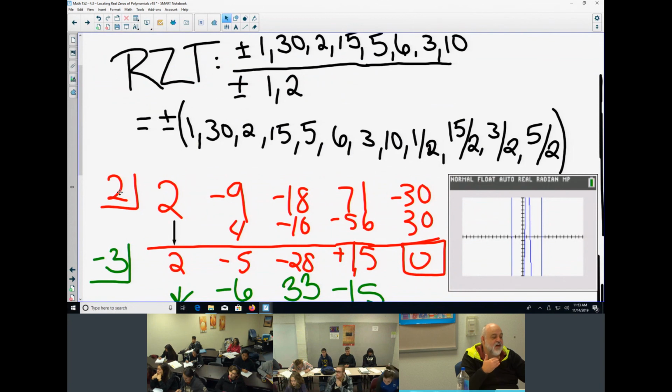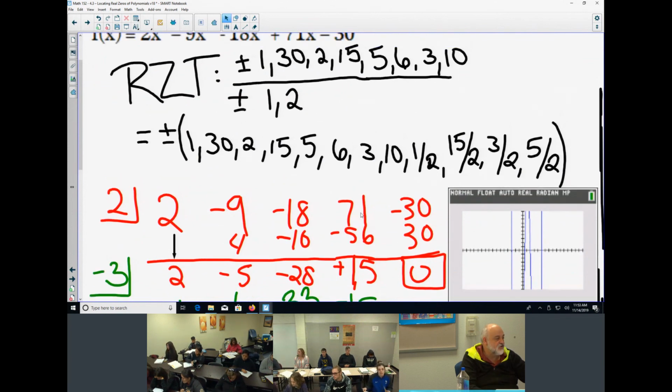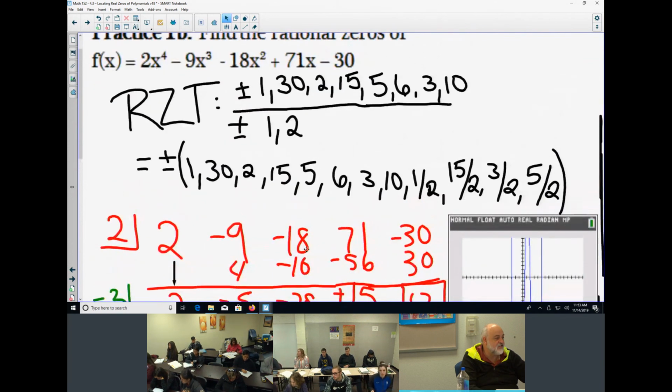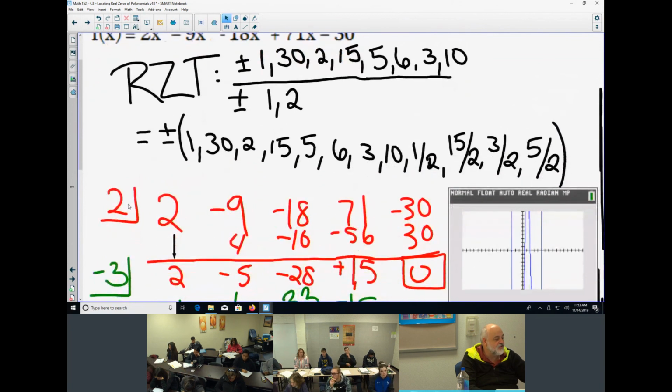And if it's a factor, if it's a 0, I'll get a 0 at the end. So I do the synthetic division. I set it up. 2, -9, -18, 71, -30. And then I do synthetic division and I break it down. And I get a 0. So that's victory. When you get a 0, that means it's one of the zeros.